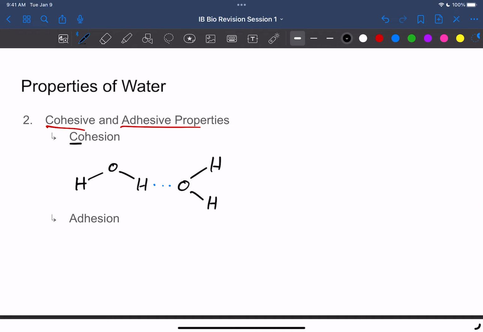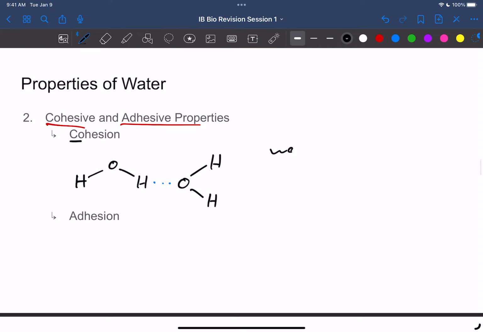And this is what keeps water together with itself. It likes to stick to itself. And this is called cohesion.